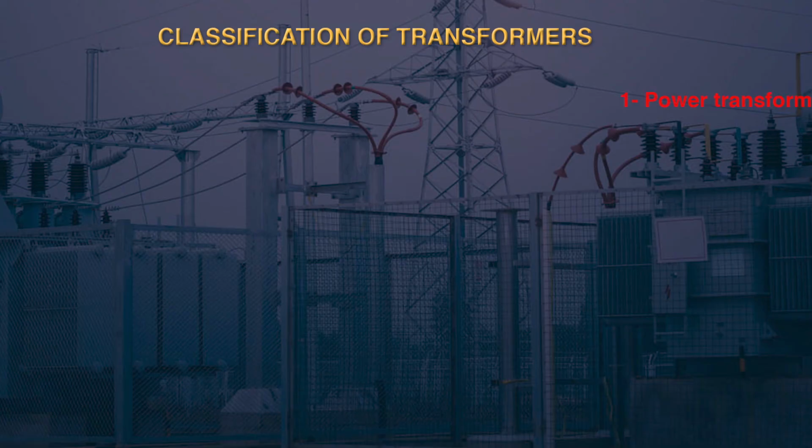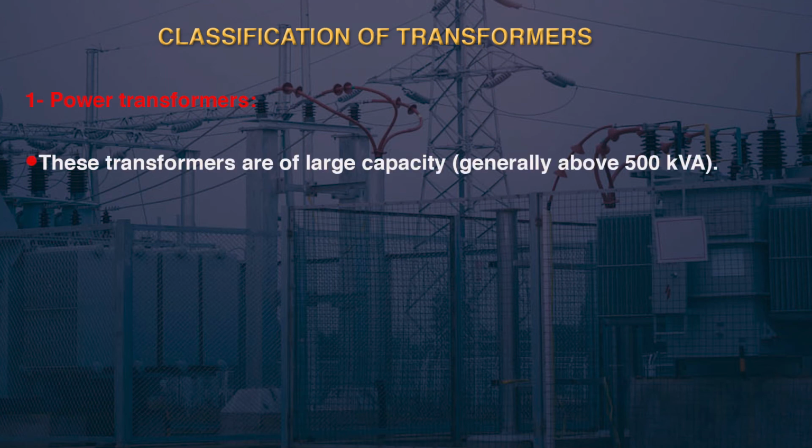Now we are going to discuss the classification of the transformer. The transformers are classified according to their application. So first transformer that we are going to discuss is the power transformer. These transformers are used to step up the voltage at the generating station for transmission purpose and then to step down the voltage at the receiving stations.